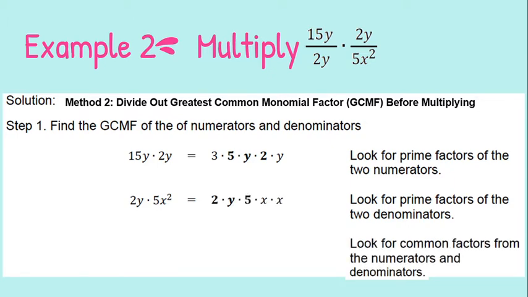Then we look for common factors from the numerators and denominators. The common factors are 5, y, and 2. So the GCF is 2 times y times 5, and the order can be rearranged, as long as it is 2y and 5. Next, we divide out the GCMF of the numerators and denominators.